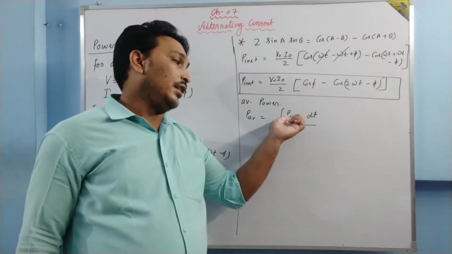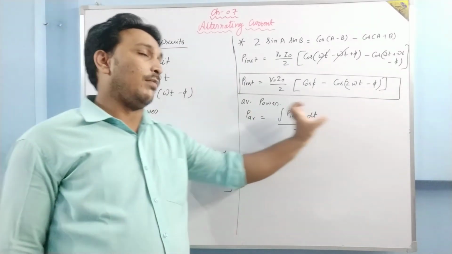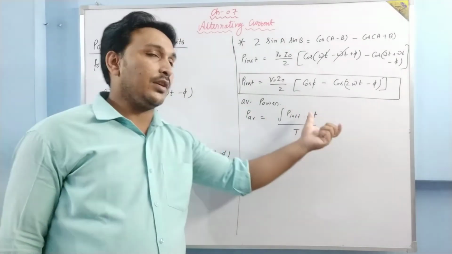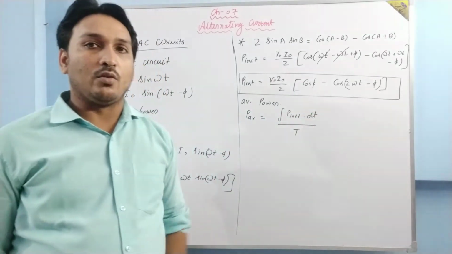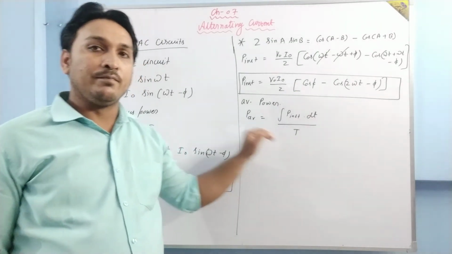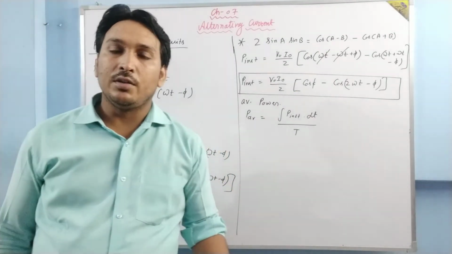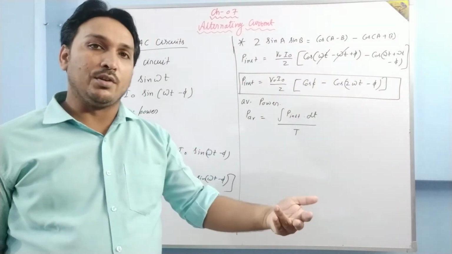When P instantaneous is multiplied by dt, we get a summation of power times time, which is the total energy consumed. Energy consumed upon time is the average power. What is power? Power is basically energy upon time, work done upon time, and work done converts into energy.